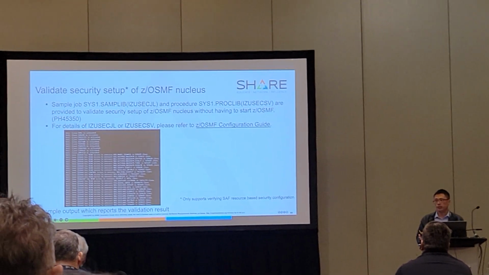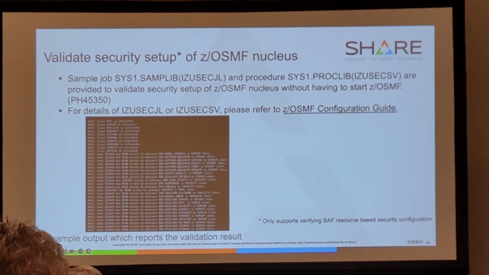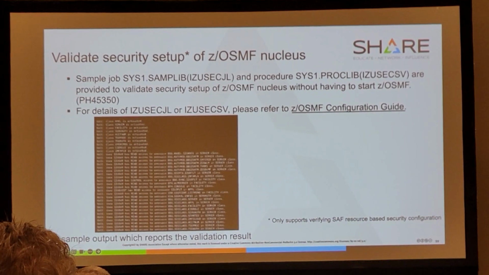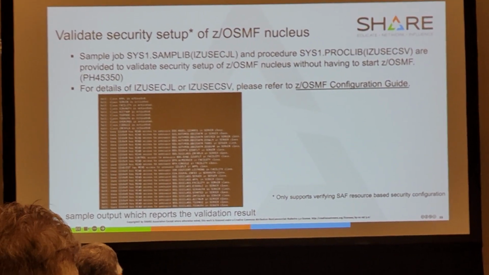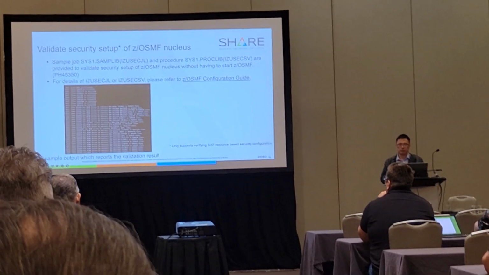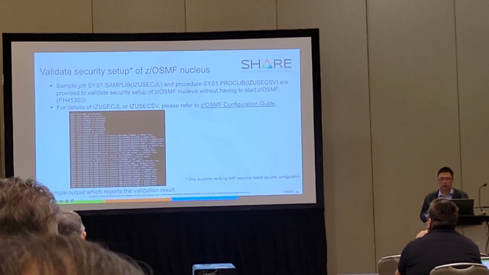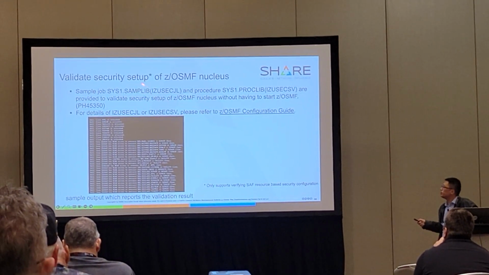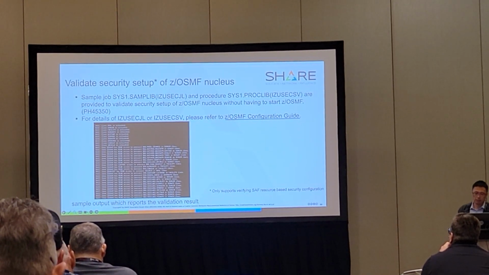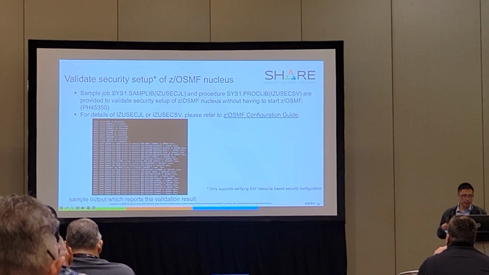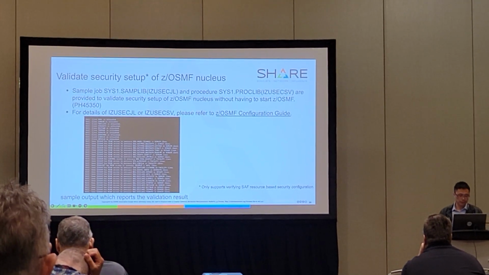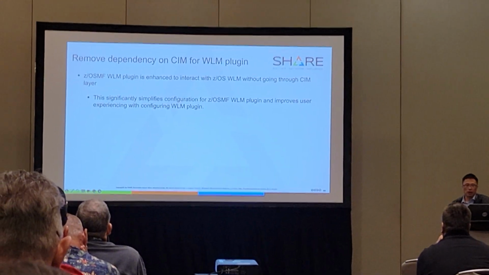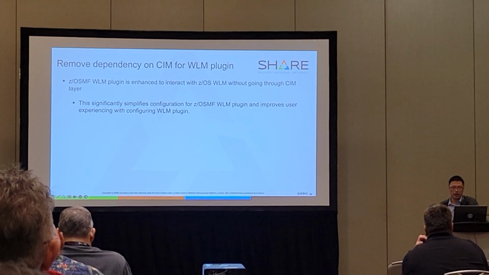However, when you do the initial z/OSMF setup, or sometimes the z/OSMF UI suddenly cannot be accessed, you will be able to leverage this function, because you can use the SCA capability to validate the security setup of z/OSMF nucleus without having to start z/OSMF. Basically, we provide a sample JCL, so you can submit this job to validate the security setup of z/OSMF nucleus, and all the detailed report will be contained in the job log.